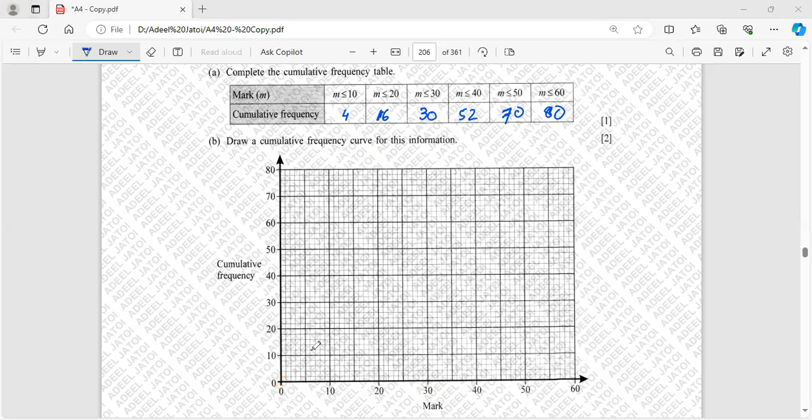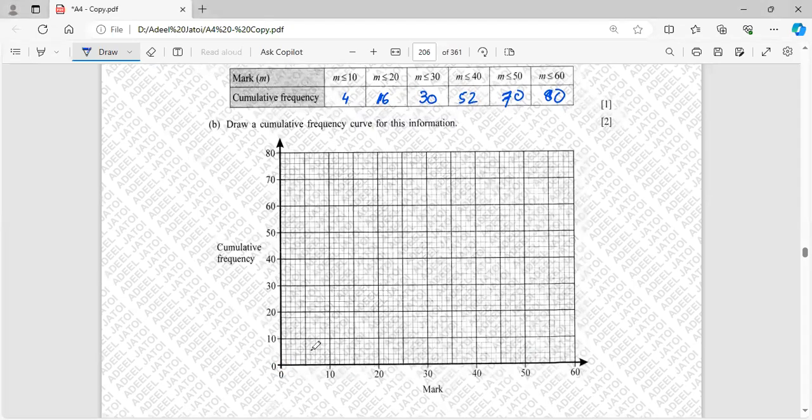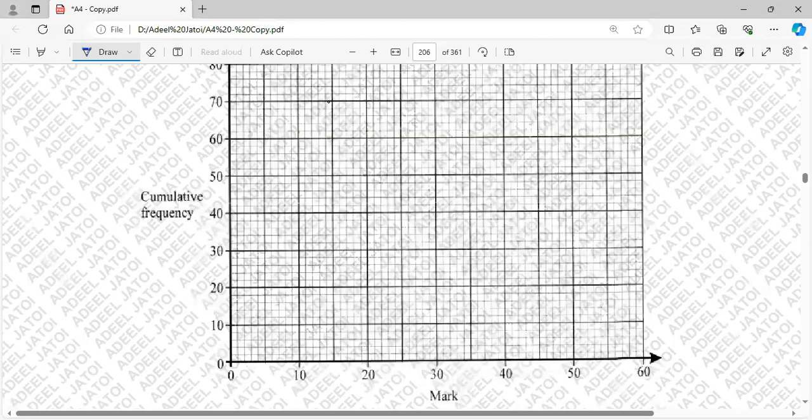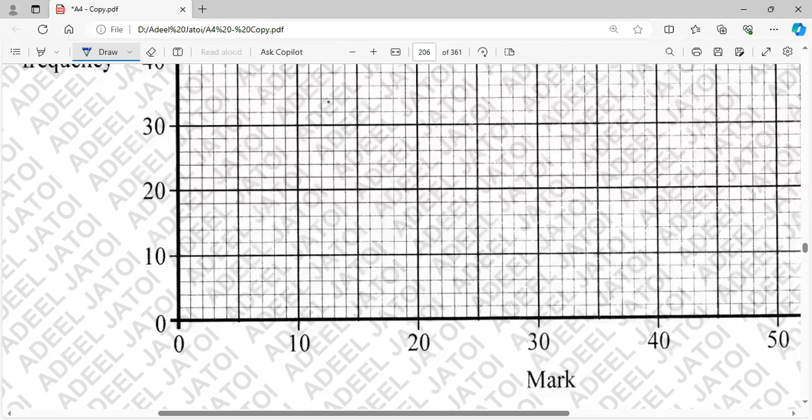Now, looking at the cumulative frequency at 10, you need to have 4. So at 10, we will be marking 4. If you see, how many boxes do we have there? 1, 2, 3, 4, and 5. So 10 divided by 5, that means each box is representing 2.